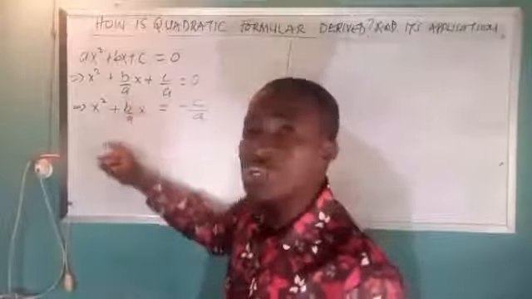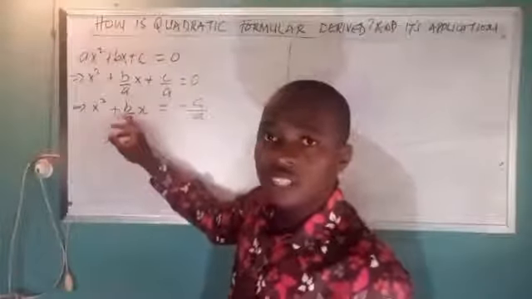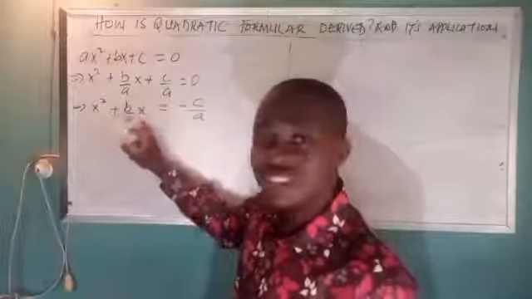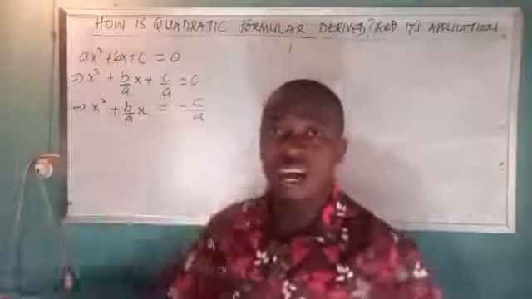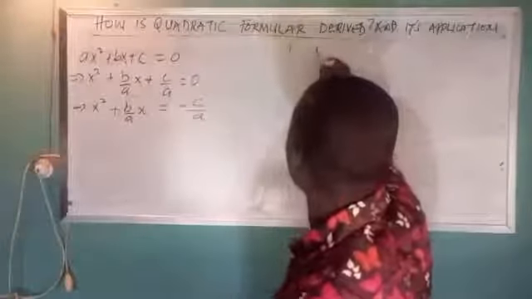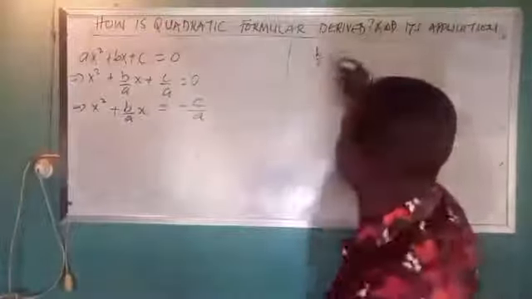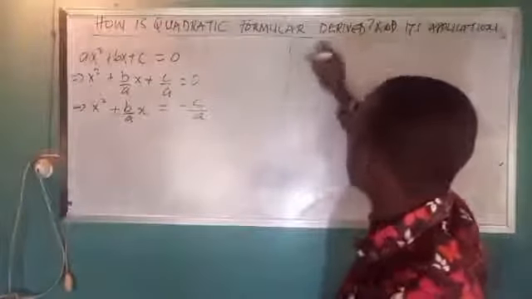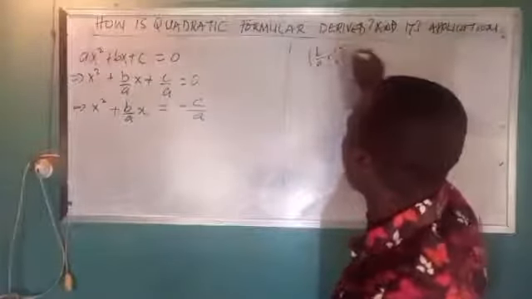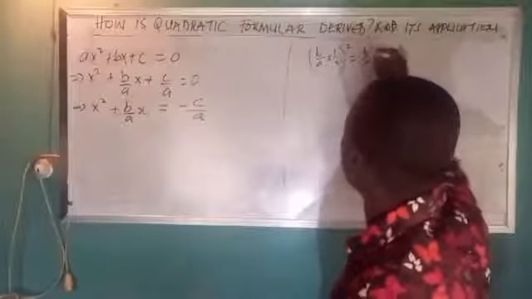How are you going to do that? We take half of the coefficient of x, then we square it, then we add it to both sides. The b over a is the coefficient of x here, multiplied by half, and squared, we have b over 2a all squared.